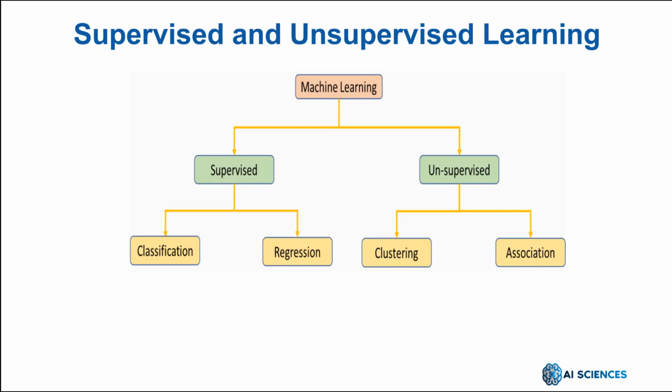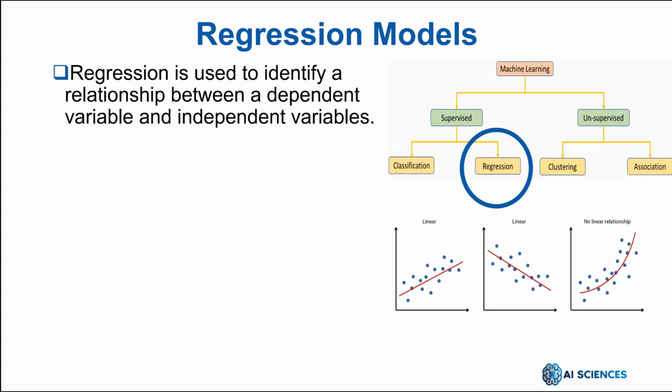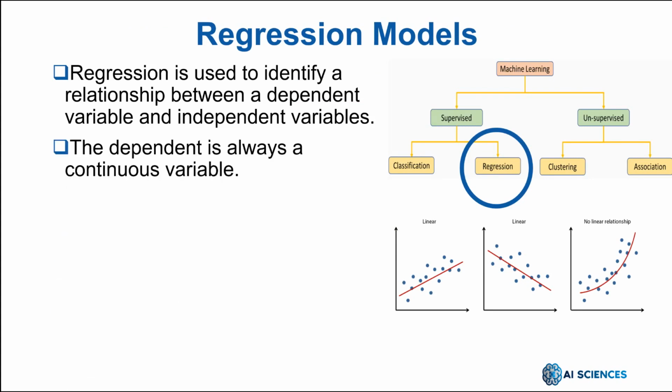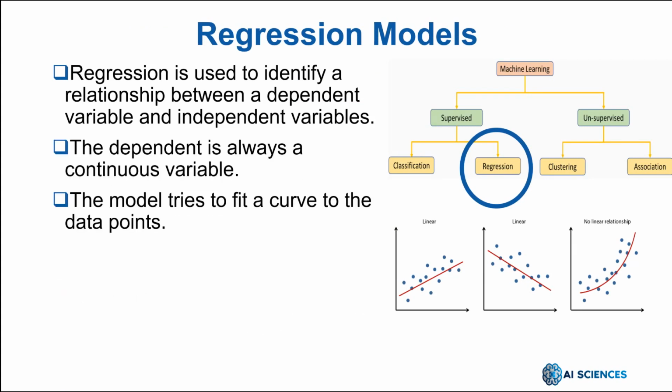In this case, the algorithm classifies objects based on some existing features. Supervised machine learning problems have two categories of learning: regression and classification. Regression algorithms are used to identify a relationship between a dependent variable, target, and independent variables, predictors/features.